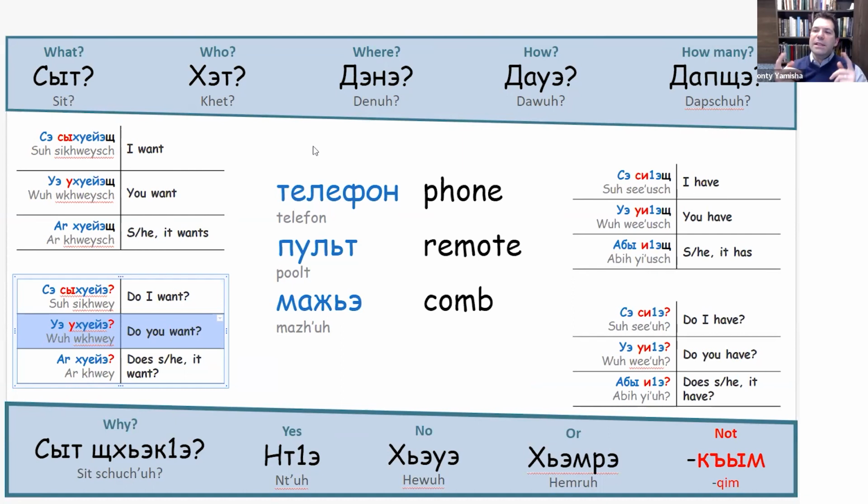If I say sa zagwar jisma, what does that mean? If you have something, if I say something.